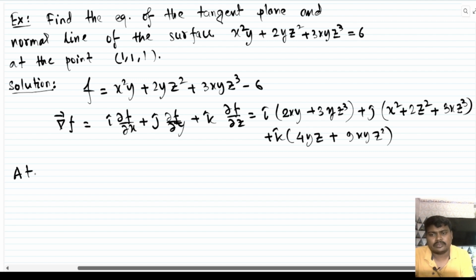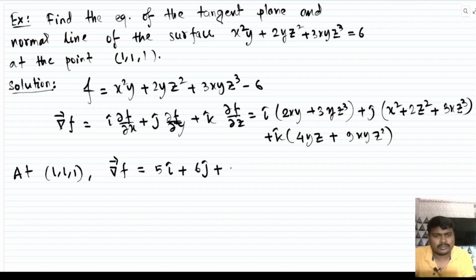Now at the point (1, 1, 1), the gradient of f is equal to 5i + 6j + 13k.